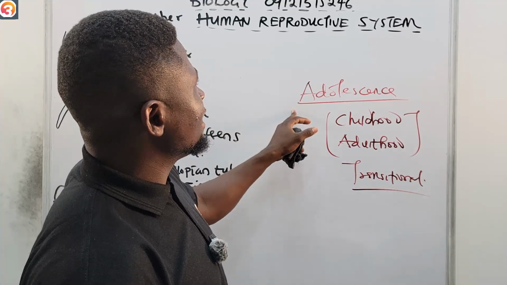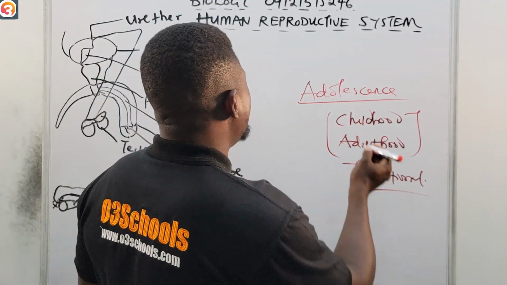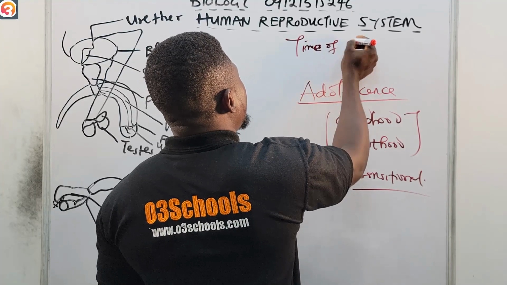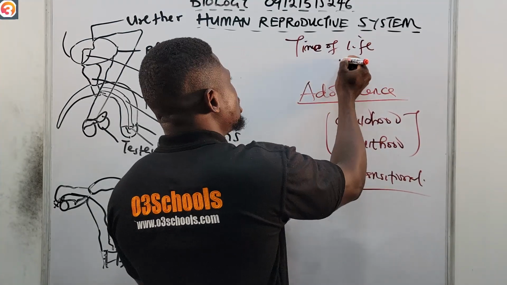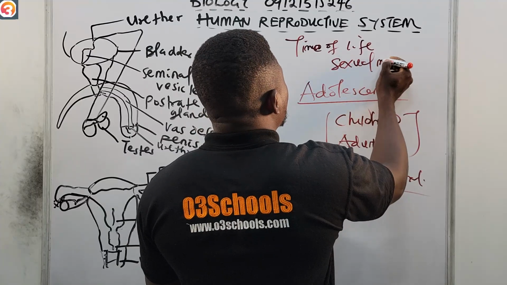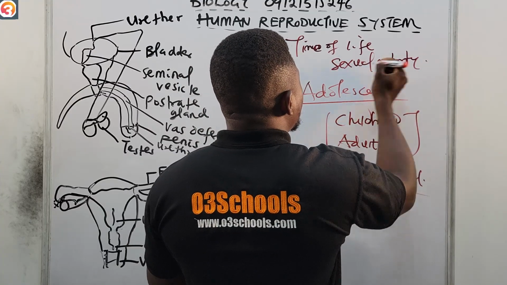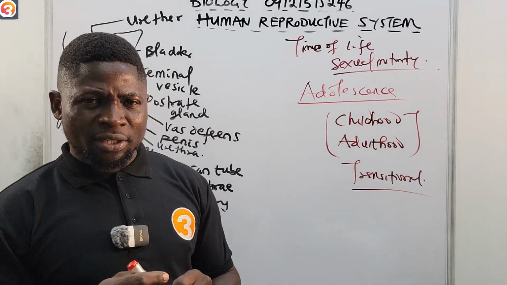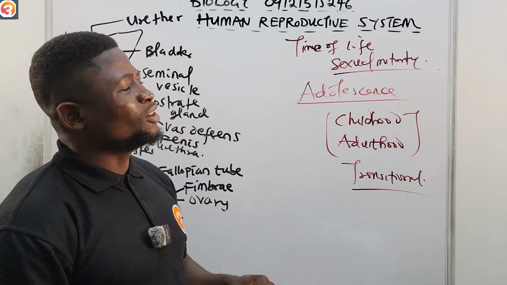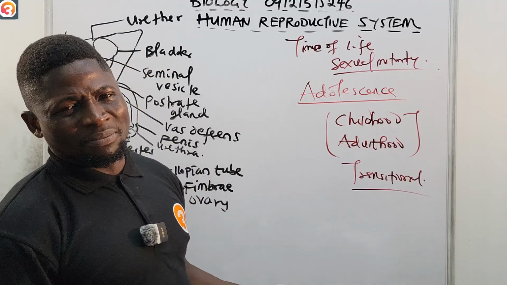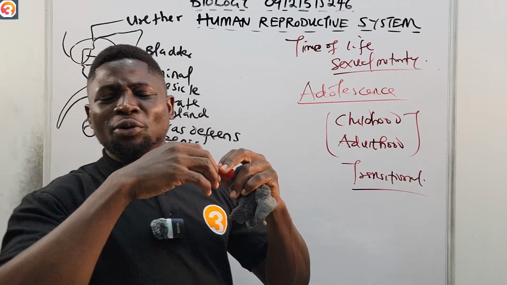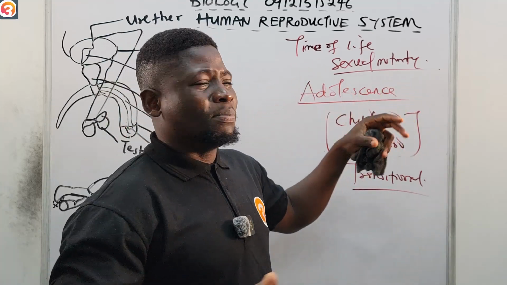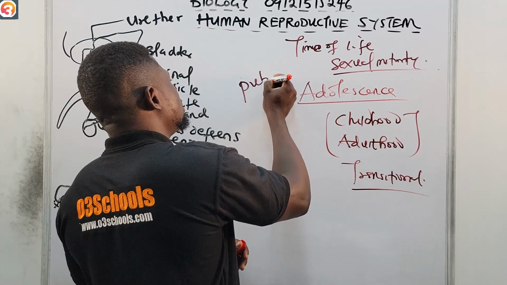Okay, so adolescence is a time of life when a person attains sexual maturity, because during childhood, a person is not capable of reproducing. It's not capable of reproduction at all.